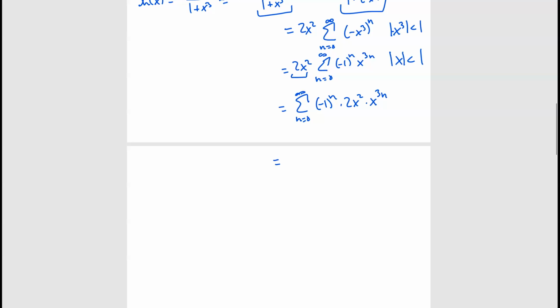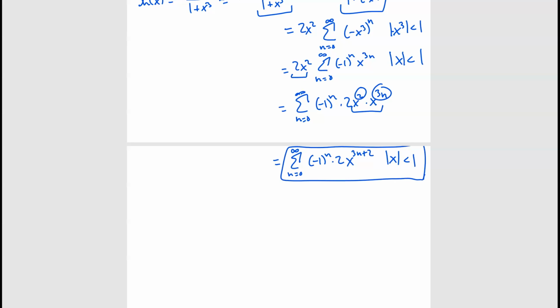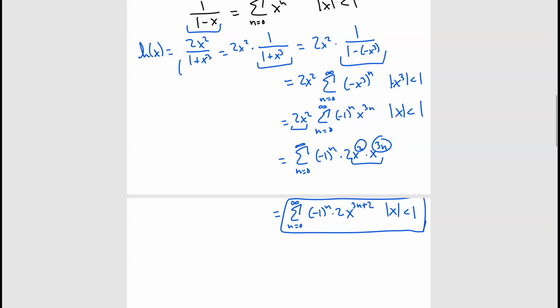So what I'm going to get is the sum from n goes from 0 to infinity, negative 1 to the n, then this lonely 2, and then this thing I can just go ahead and multiply, adding the exponents together, x to the 3n plus 2, provided that the absolute value of x is less than 1. So this is going to be my power series representation of the function h of x.